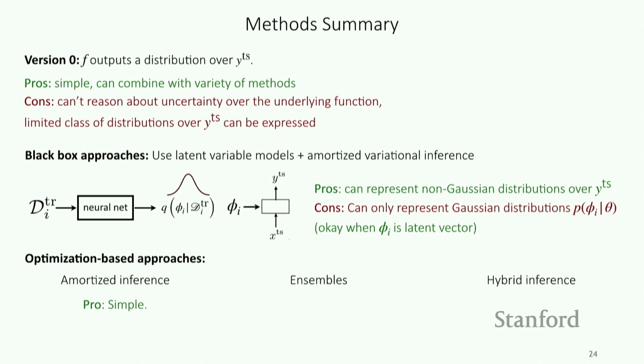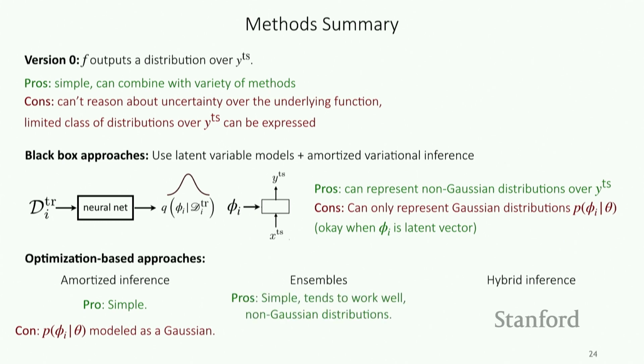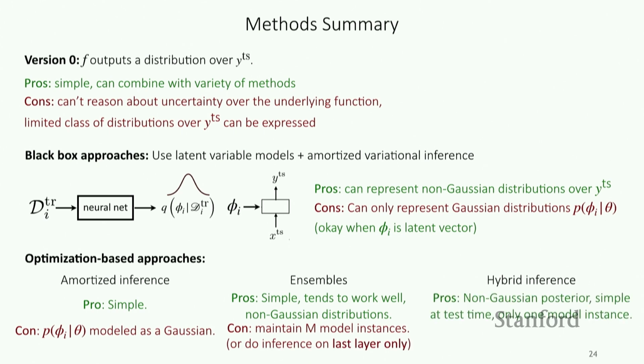The benefit of amortized variational inference was that it was simple, but we need to model the distribution over our parameters as Gaussian. Ensembles allowed us to use non-Gaussian distributions at the cost of maintaining M separate models or doing inference on the last layer. And the hybrid inference approaches allowed us to represent non-Gaussian posteriors with only a single model instance, with a more complex training procedure.